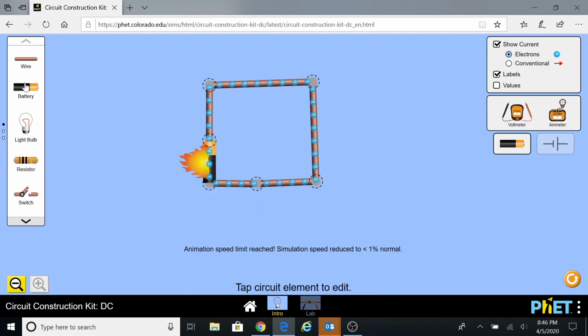Okay, electrical potential. So a battery has electrical potential in the same way that the earth provides gravitational potential, and as you lift an apple up or a book up, you give it gravitational potential energy.